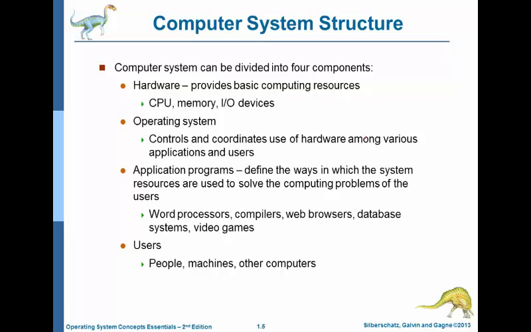A computer system can be divided into 4 components: hardware, operating system, application program, and users. Right? We're going to deal with the operating system here in this module. We're not going to do application programs. We're not going to handle users, not even hardware. Right? Hardware is not the subject of computer science.